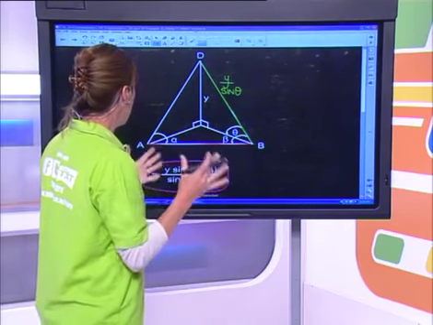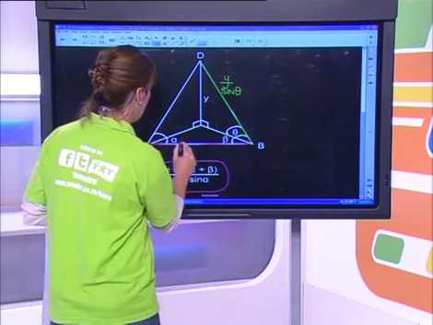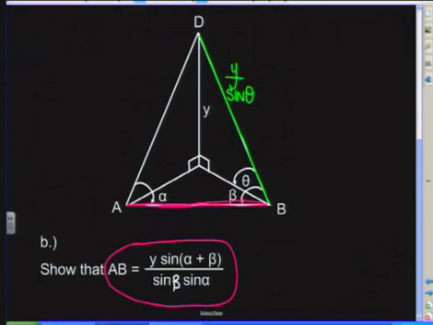So I now have to try and find my length from A to B, and I need it to look like that. Let's just quickly fill in what we found earlier, just in case it's going to help us. So we knew that that was 180 minus alpha plus beta. Well, let's see. We've now found this length from D to B, and they're trying to get me to find the length from A to B. So what does that help me?